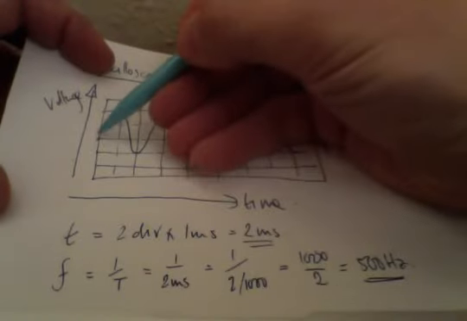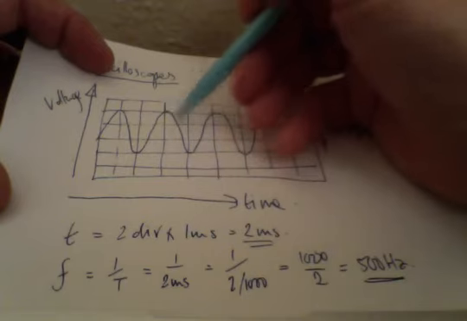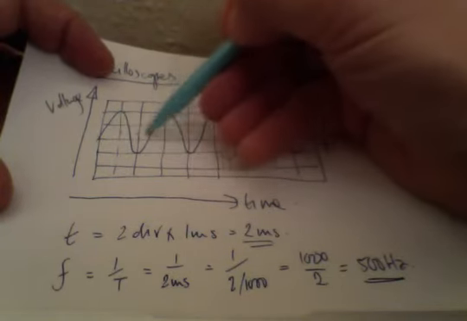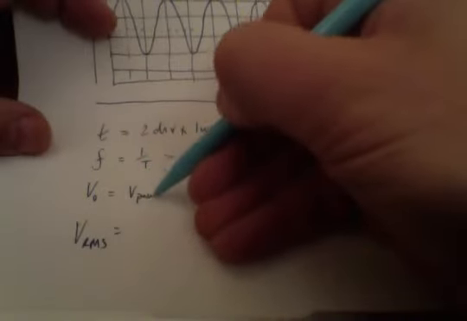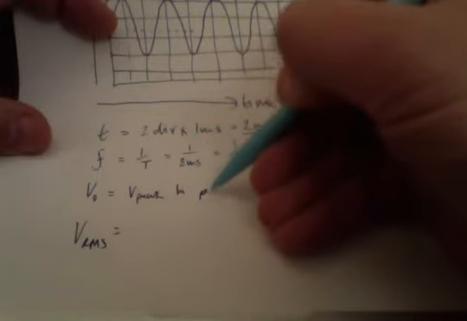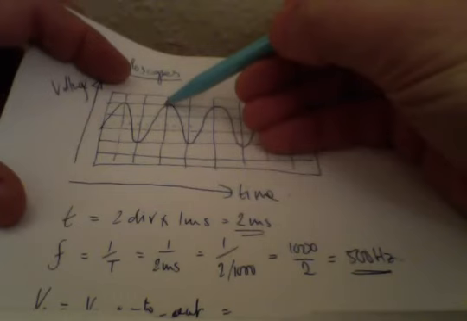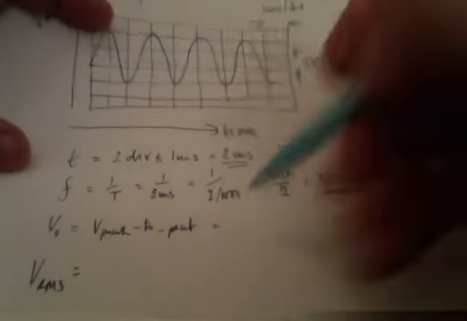Now we're going to work out what the value for the voltage is. Now, I'll forgive you if you've got a different value for me. However, it's really hard to work out where that starting point is. So what we usually do is we work out V peak to peak, which here is 1, 2, 3.